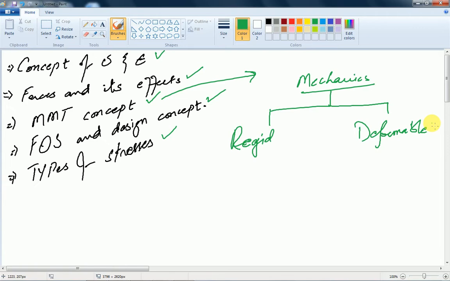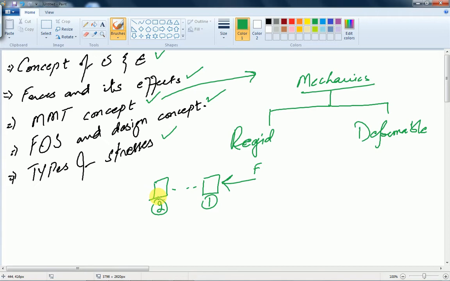Just to remind, imagine a rigid body. If we apply any kind of force on it, this force will move the body from position 1 to another position 2. The whole body will be shifted from one position to another.